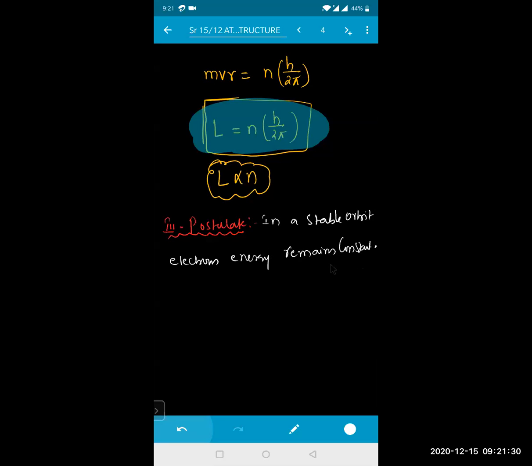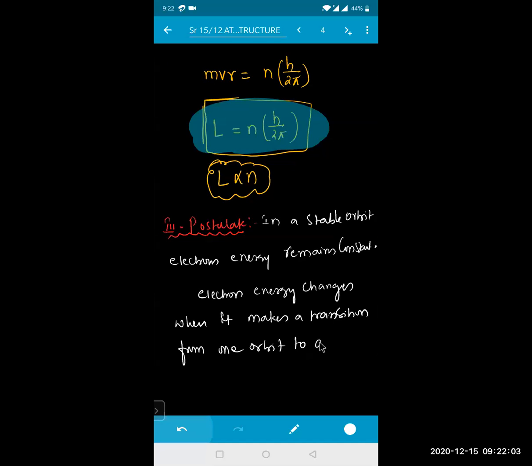Since the energy is constant, the remaining part is immediately filled by the other orbit. What I am trying to say is, electron energy changes when it makes a transition from one orbit to another.